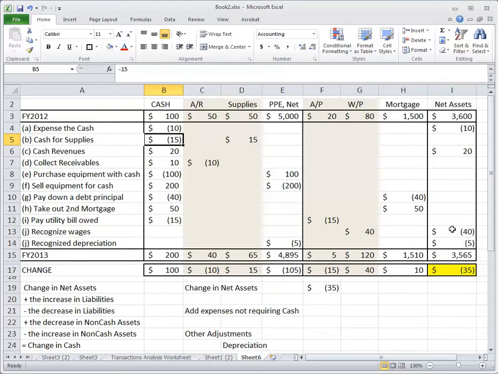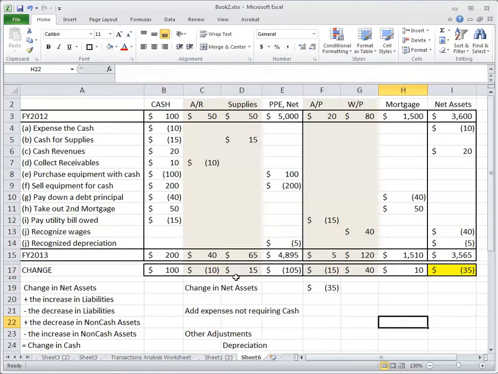And so because we match expenses and revenues to their increase in asset value, or to their effect on our liabilities, and not to their effect on cash, we necessarily will have a different value in our change in net assets to our change in cash flow.